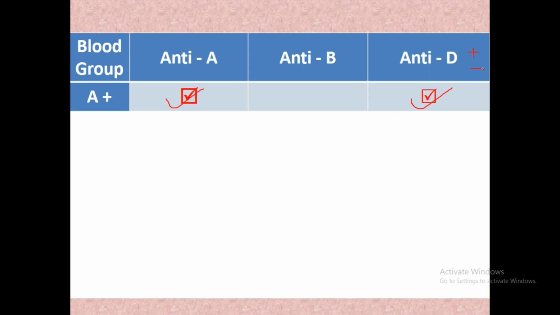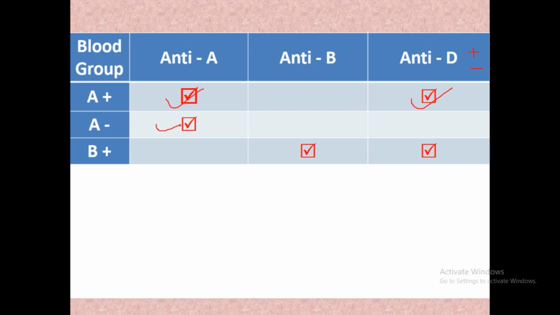For a person having A negative blood group, we find agglutination only in the anti-A solution. If the person has blood group B positive, we find agglutination in anti-B and anti-D solution. If the person has B negative blood group, we find agglutination only in anti-B solution.